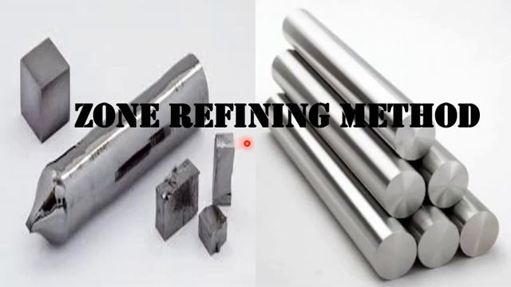This segregation coefficient is basically a ratio of transportation of impurities from solid to liquid phase, and this ratio is less than 1. So this means that the impurities present in the solid phase are transported into the liquid phase, and in this way we prepare highly pure single crystalline materials.